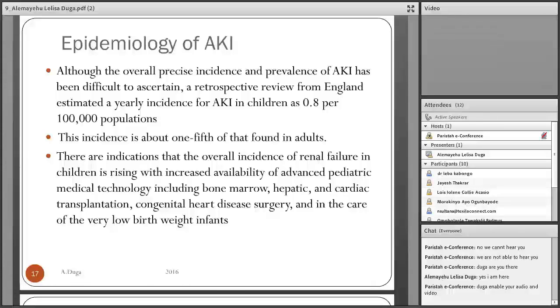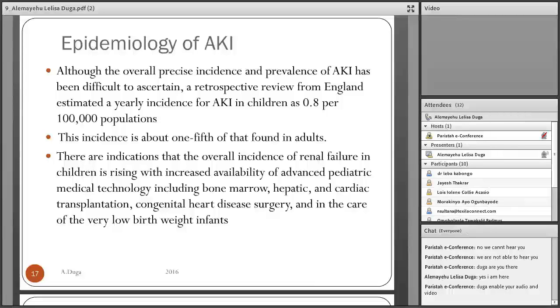Epidemiology: there are very limited studies on acute kidney failure, especially in Africa. So this review will be a very good input to increase the studies, especially in developing countries. Also, the overall precise incidence and prevalence of acute kidney injury has been difficult to ascertain.